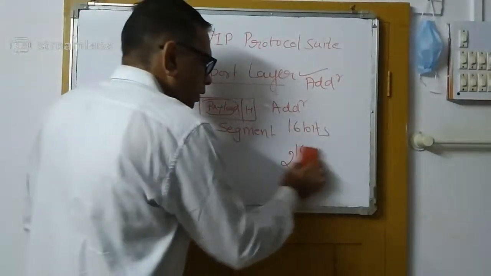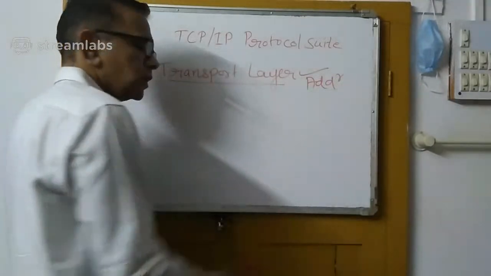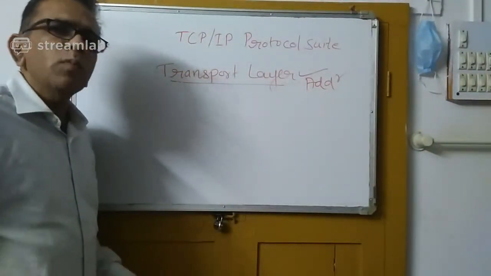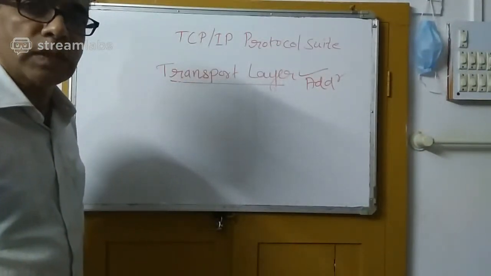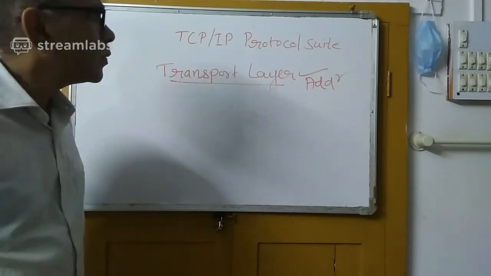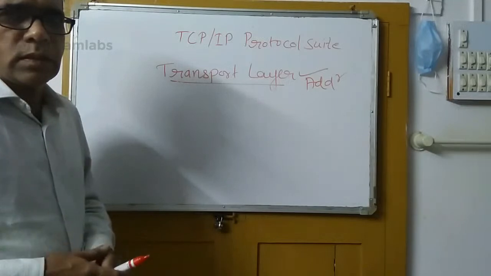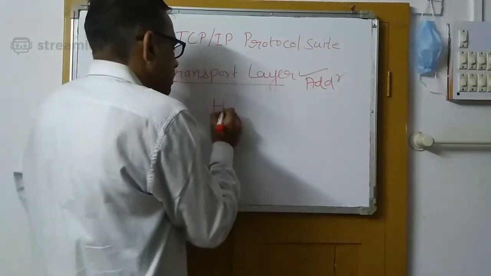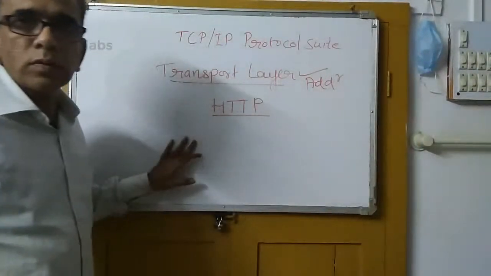Now I wanted to add some more things to this discussion. I was talking about port ID. Port ID is basically a way of identifying the process. Next, there are certain popular processes, such as HTTP, Hypertext Transfer Protocol.